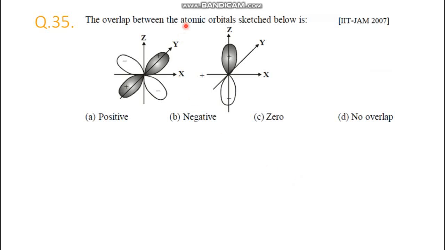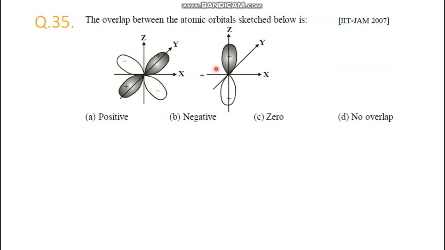Now, the overlap between the atomic orbitals sketched below should be what type? This is actually p pi d pi overlapping. Here the 2 lobes of the d orbital and the 2 lobes of the p orbital, 2pz orbital actually. This d orbital has these two lobes with the similar wave function, whereas its anti-wave function is this one. So if this is psi, then this is psi star. If these are positive, these are negative.